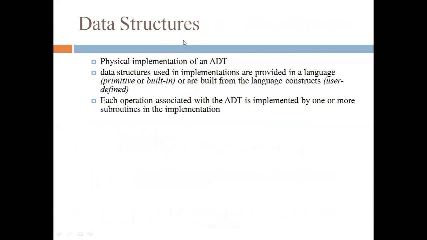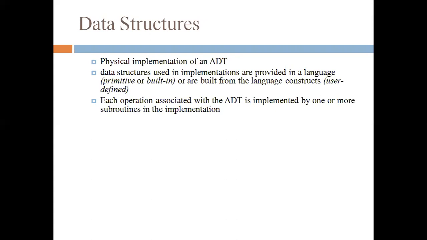So whatever non-linear and linear data structures we will discuss in this whole course, all these data structures can be taken as an abstract data type. Why?